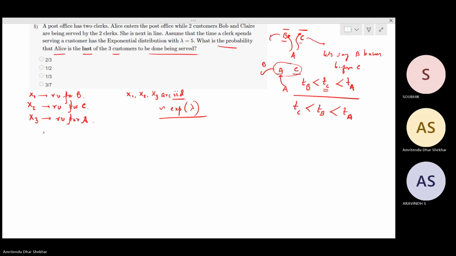The first case: let's write this event as E. So let E be the event when Alice is the last customer.